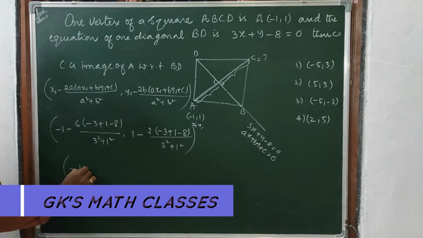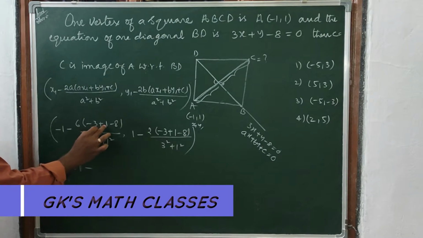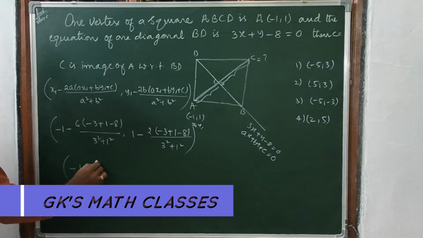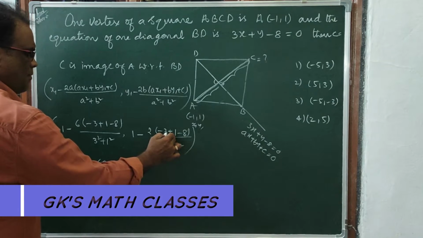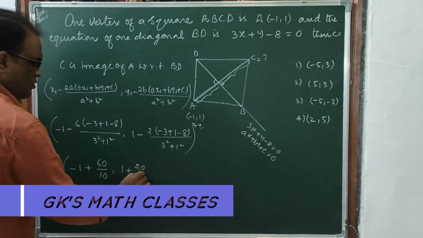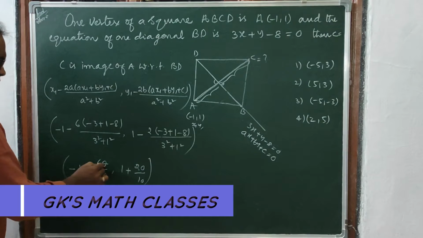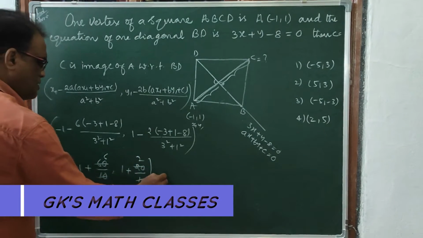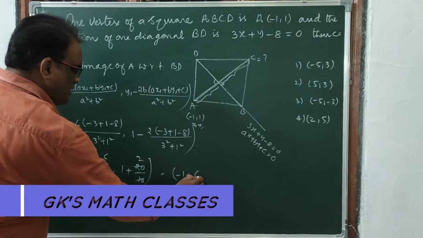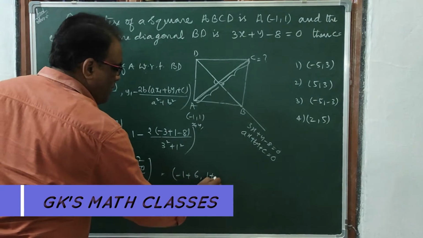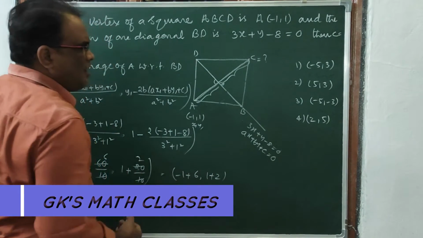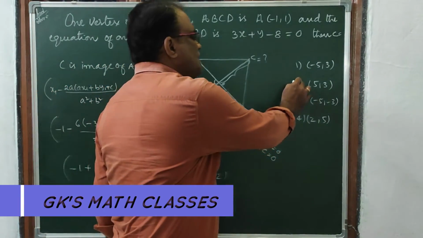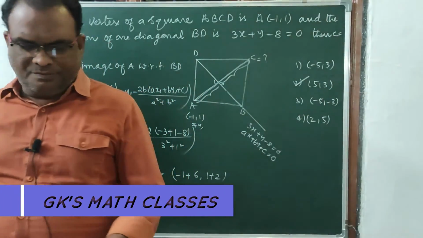Now minus 1 minus, this is minus 10 by 10 times 6, and 1 minus 2 times minus 10 by 10, that is 20 by 10. So minus 1 plus 6 and 1 plus 2. So you have 5 comma 3. 5 comma 3 is the second choice.